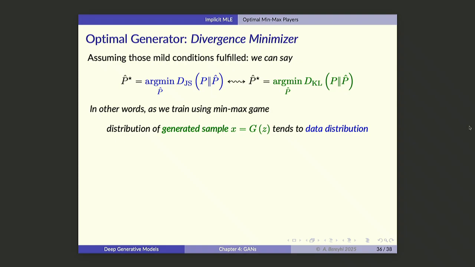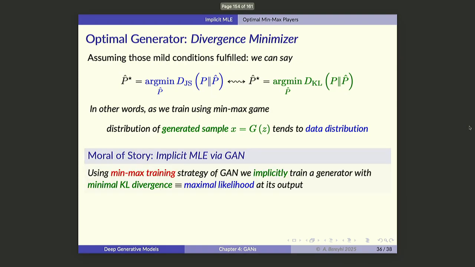Okay? That is the moral of the story. GAN is doing maximum likelihood estimation, but implicitly, because it does not have access to the likelihood, so it cannot do it explicitly. So everybody's clear? Questions?